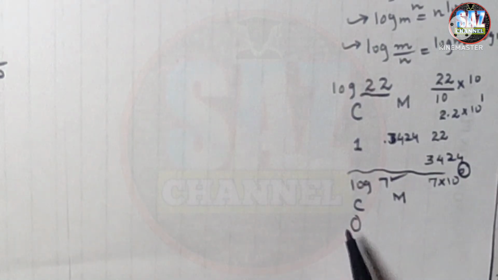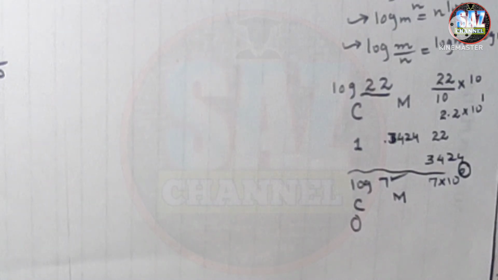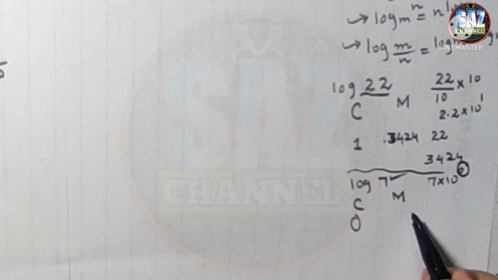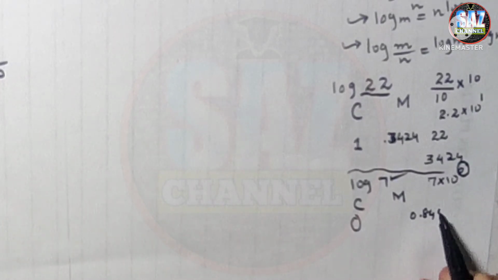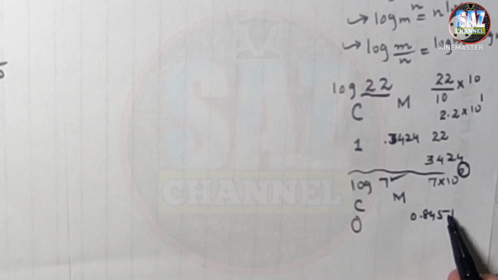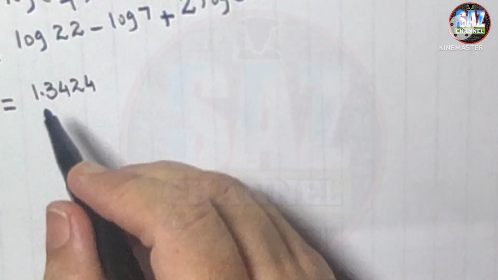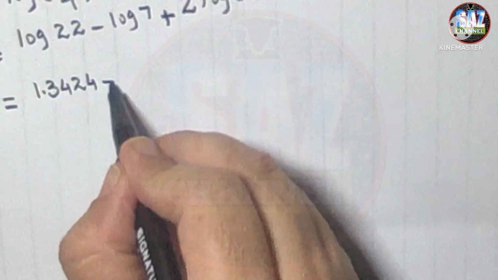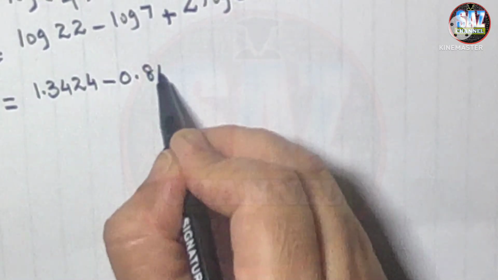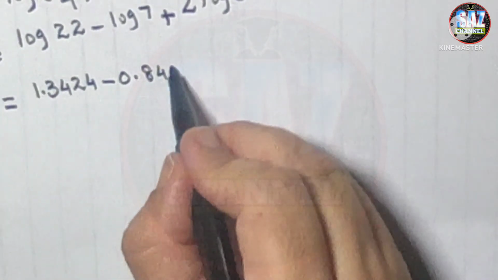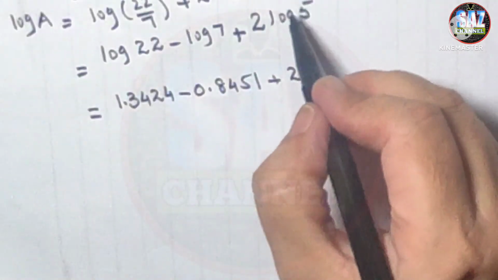And for 7 I have to make 4 significant figures, so I will locate 70 in the column of 0, and 70 in the column of 0 gives me 0.8451. So the log of 7 will become 0.8451.